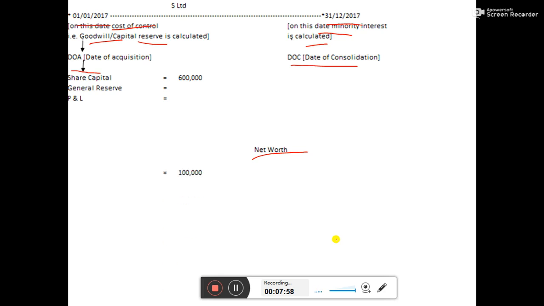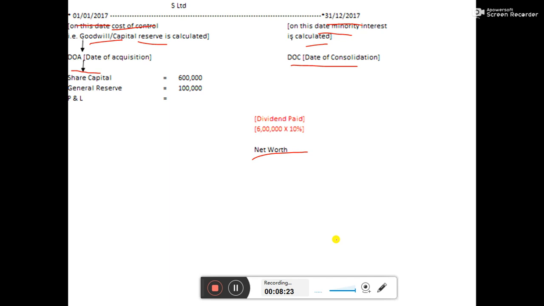General reserve is given in the additional information as 1 lakh. And profit and loss account, we are having an adjustment. Okay, very important adjustment. The adjustment says that the dividend is paid for 2016 year, and dividend will be paid from pre-acquisition profit. The profit in the additional information is given as 1,20,000.